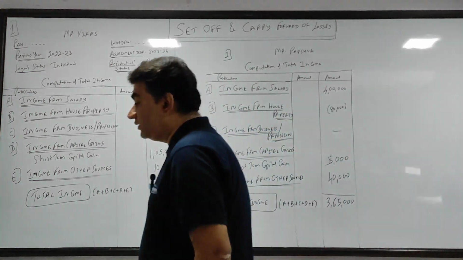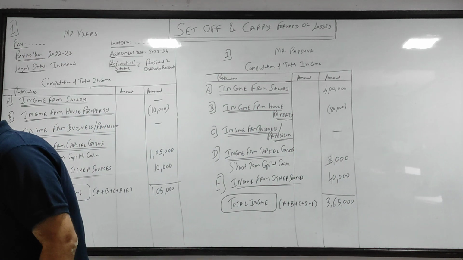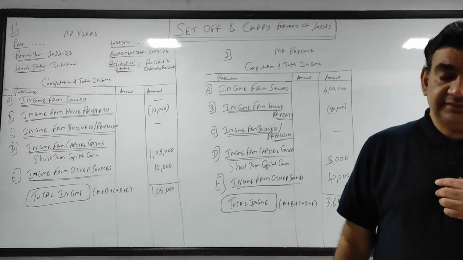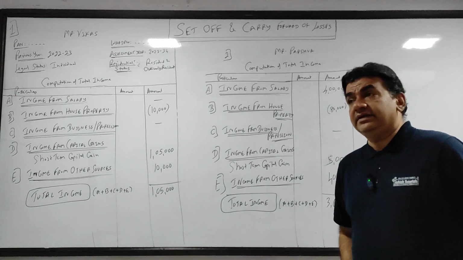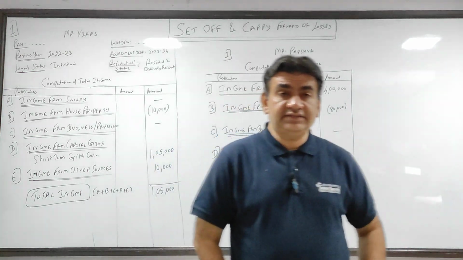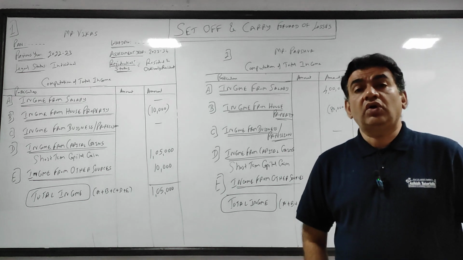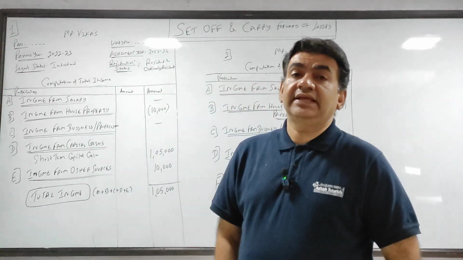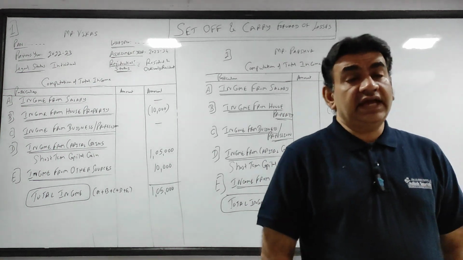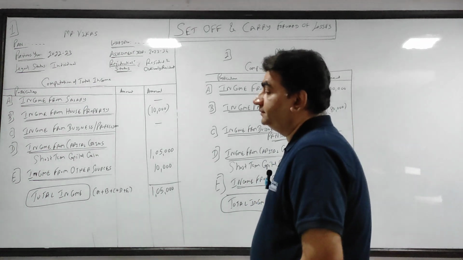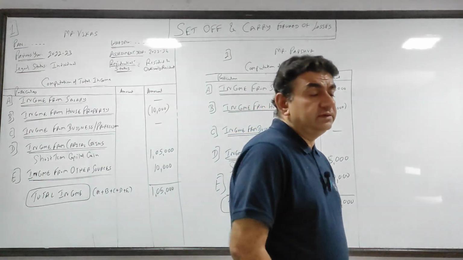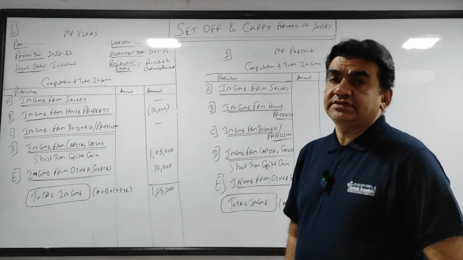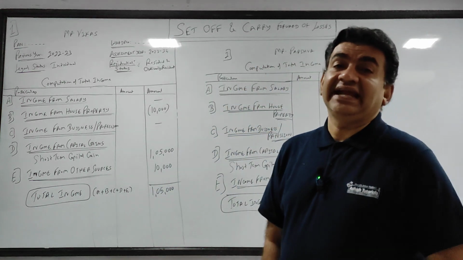The long-term capital loss of 1,50,000 could not be set off in the current year, as there was no long-term capital gain, and therefore it will be carried forward for next 8 years.